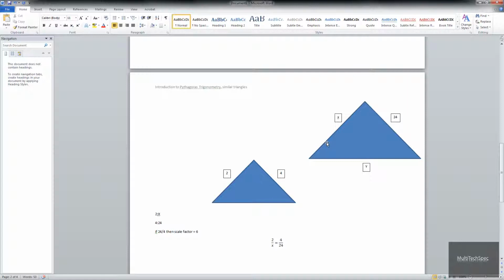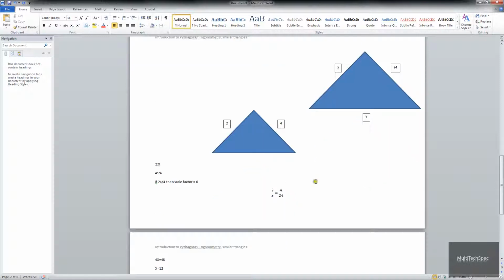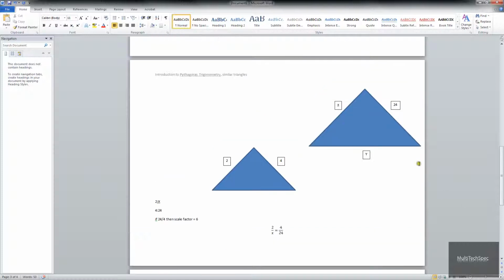So as you can see, a ratio is being formed. So if we have a value of y, we know that that value of y will be 6 times bigger than the value of this total length here.